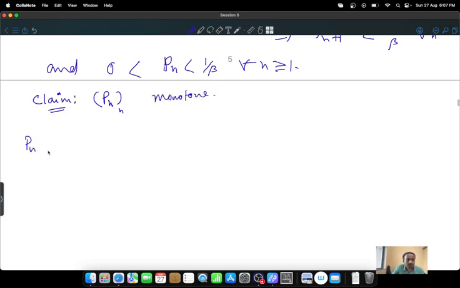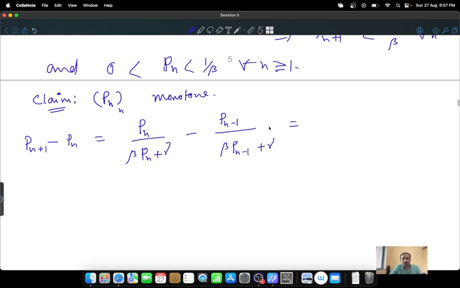Okay, so let's calculate P(n+1) minus Pn, that is the difference between two consecutive terms. Just put in the formulas from the given definition, that is P(n+1) equals beta Pn plus gamma, and Pn equals P(n-1) by beta P(n-1) plus gamma. So let's simplify this term. In the denominator what will it be? It will be beta Pn plus gamma times beta P(n-1) plus gamma, right?